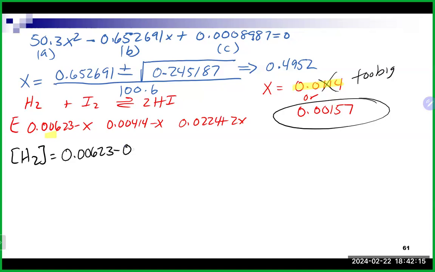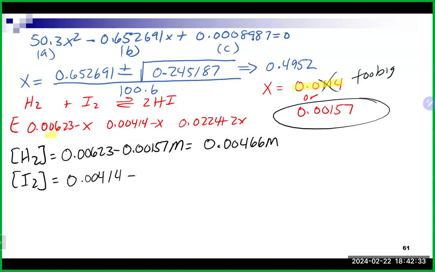So we're going to put this in, and that means for H2 at equilibrium, we should have 0.00623 minus 0.00157 molar. And that's going to give us 0.00466 molar. For our I2, we will have 0.00414 minus x. And we'll use our x value we just solved for. And that will give us 0.00257.